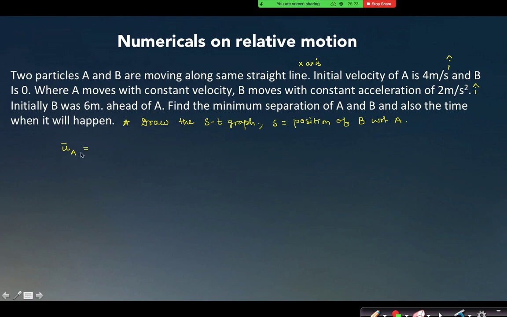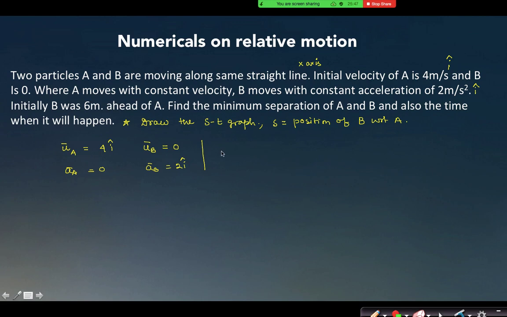So UA, what is UA? Initial velocity of A, it is 4 meter per second I cap. What is UB? Initial velocity of B, it is 0. What is acceleration of A? It is 0. And what is acceleration of B? It is 2 I cap. So first I will calculate the relative terms, right?